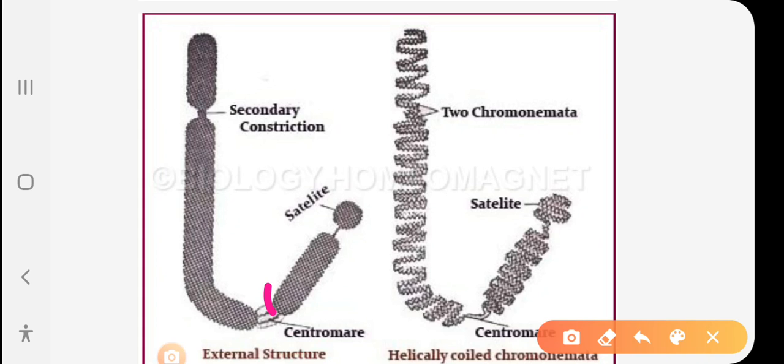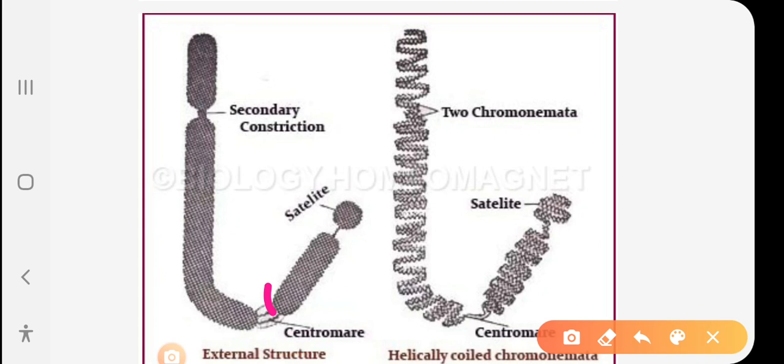The primary constriction is a heavily stained part of the chromosome. That part takes up an excess amount of stain during chromosome staining, so this densely stained part is known as the centromere or primary constriction.